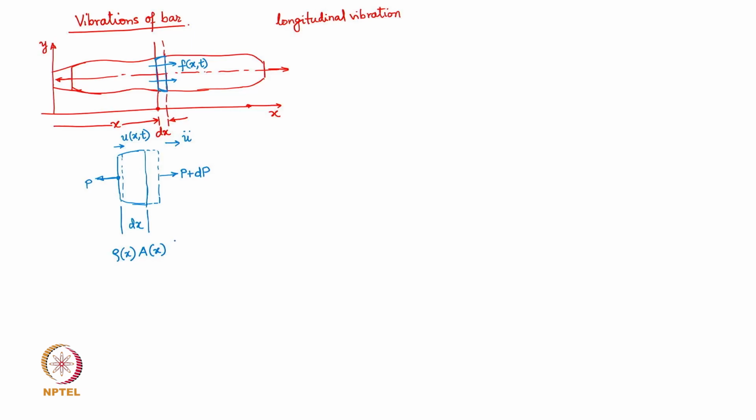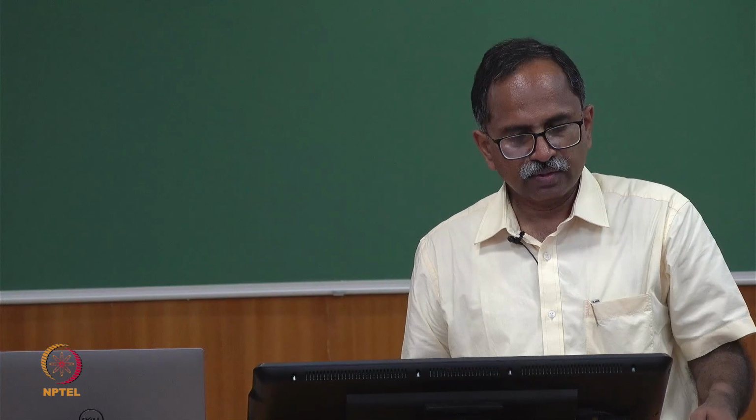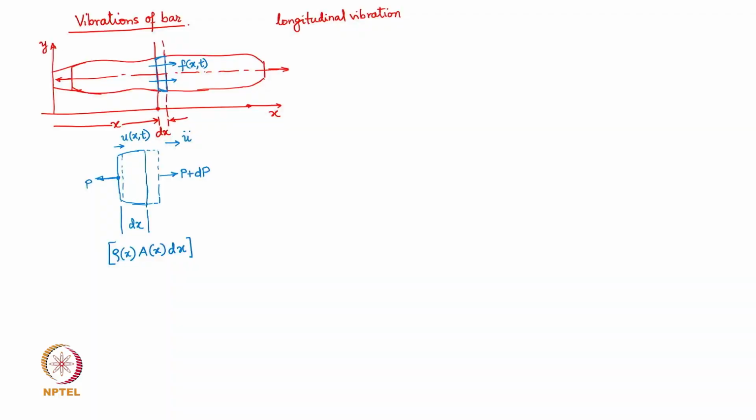So this is going to be the mass of this small element, rho(x) A(x) dx. Now rho(x) typically will not be a function of x for a rod of the same material. So rho may not be a variable, it will be a constant quantity, but as a general case I am writing this as rho of x.